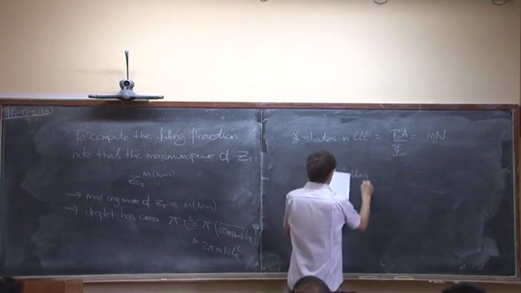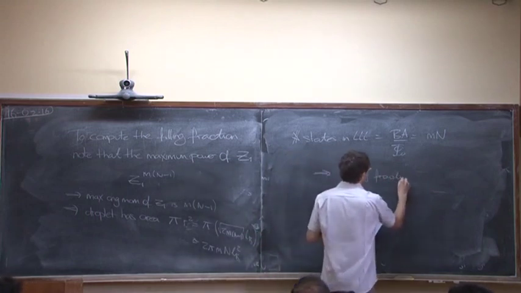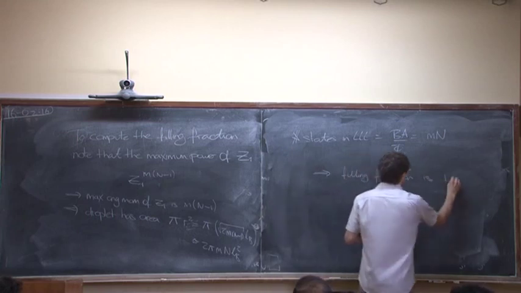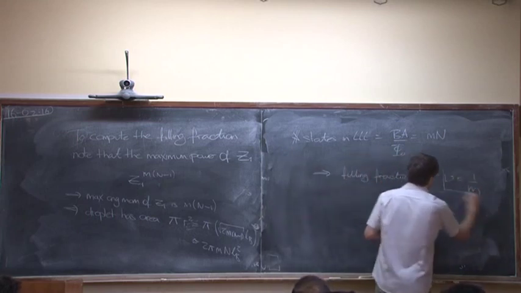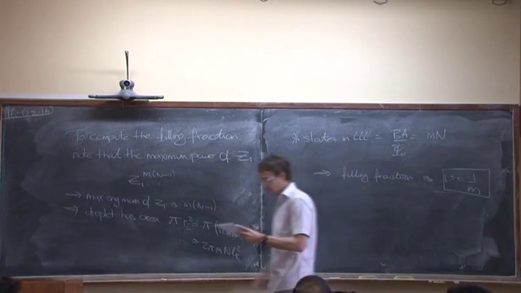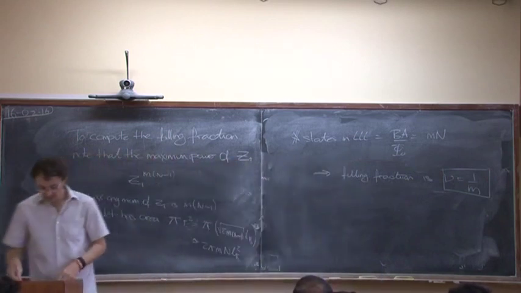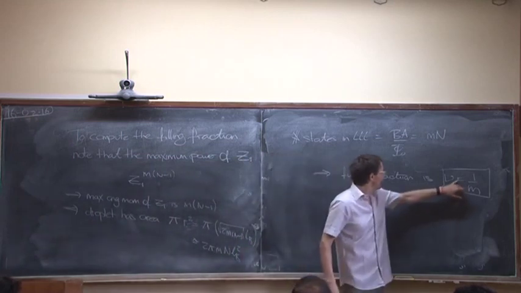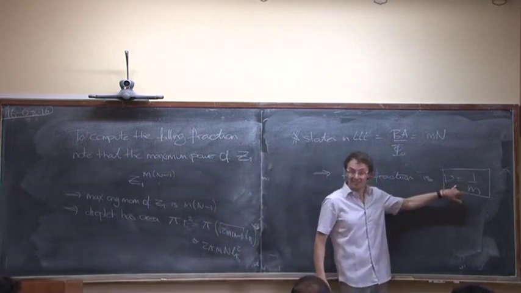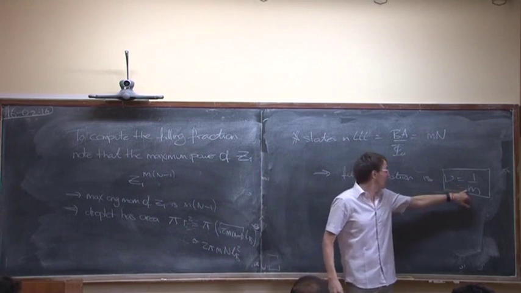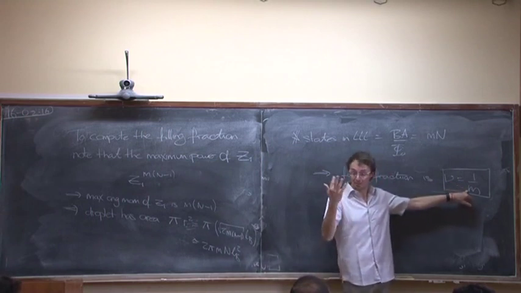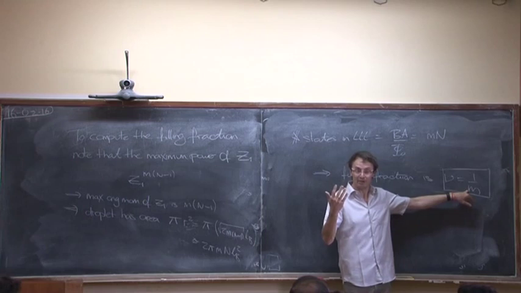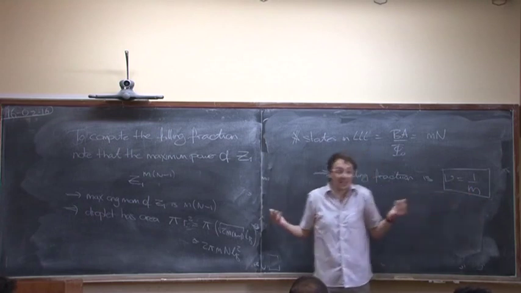Obviously, there are n particles, so the filling fraction nu is 1 over m. Already we learn something about the experimental data. With m odd, it describes fermions, and electrons are fermions, so we should only expect to see filling fractions of 1 over m odd, which is exactly what happens.